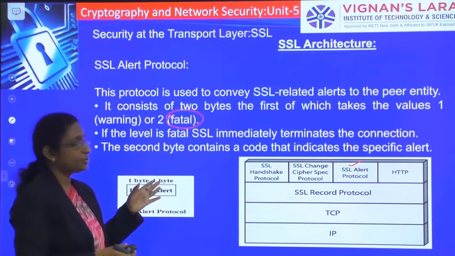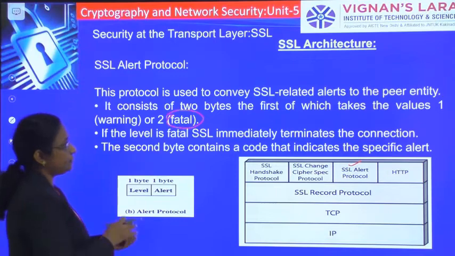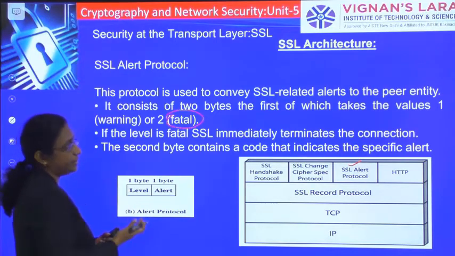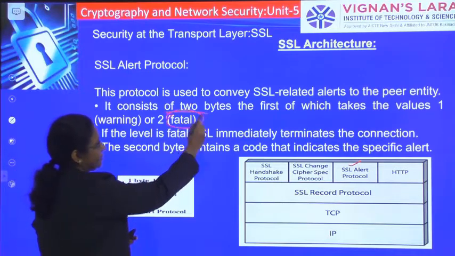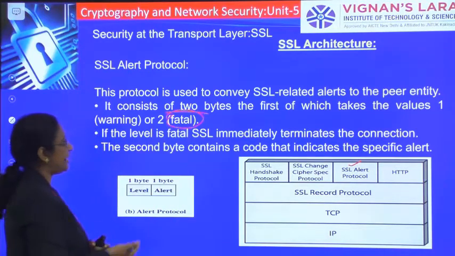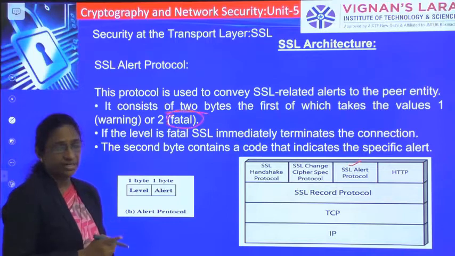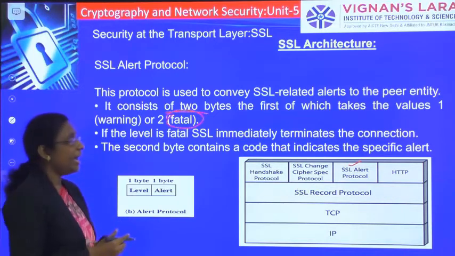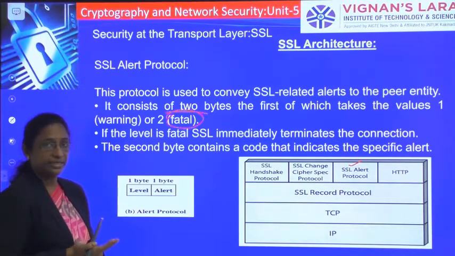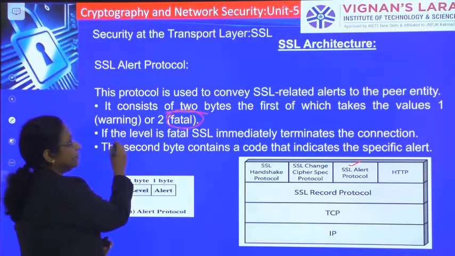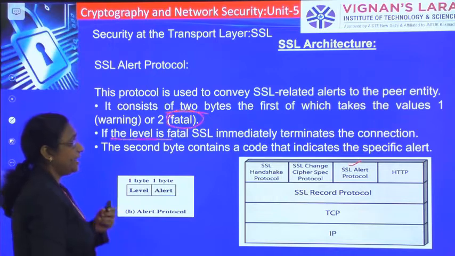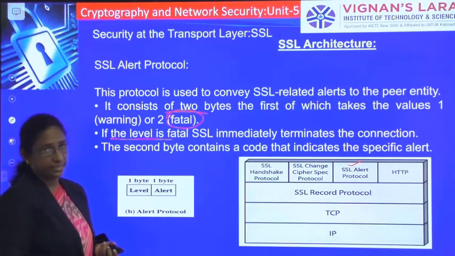So it consists of 2 bytes. This alert protocol that we have consists of 2 bytes. The first of which takes the value 1. If the value is 1, it is a warning, and if the value is 2, it is fatal. If the level is fatal, SSL immediately terminates the connection.